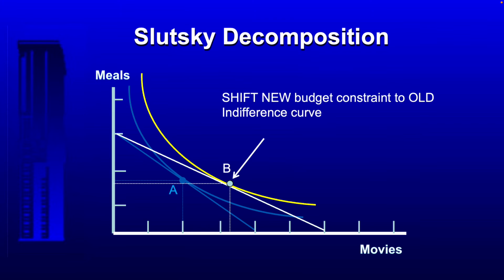So what we'd like to do now is change the price and measure the income effect separately from the substitution effect.